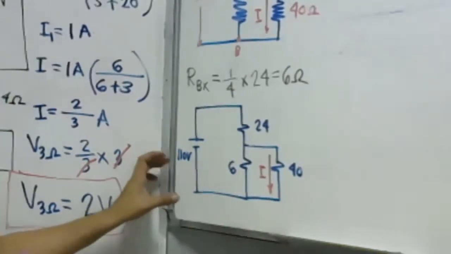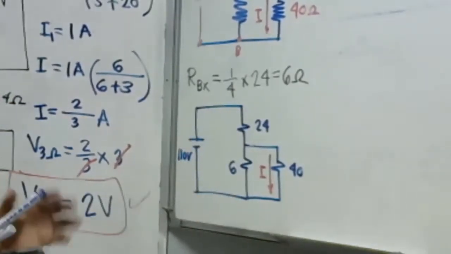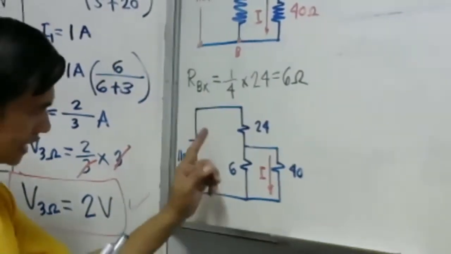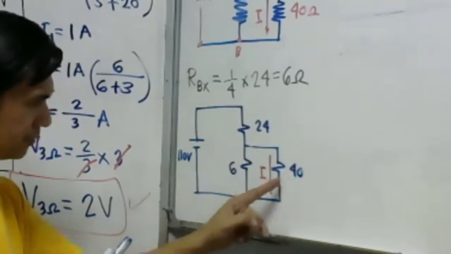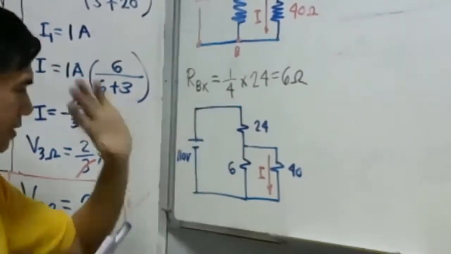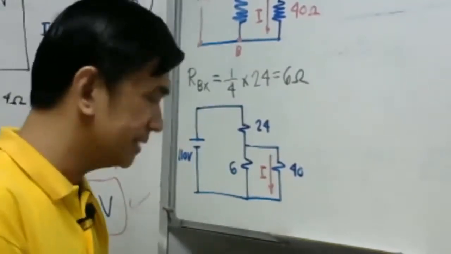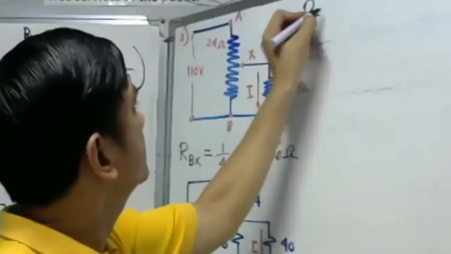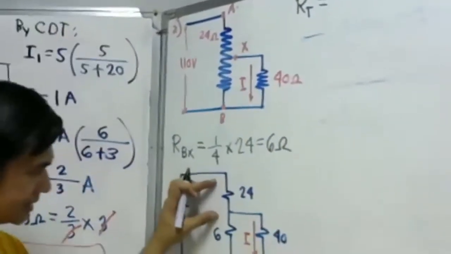First, we have to get our total resistance. Our total resistance is very easy. That is just the combination of these two in parallel, in series with this. This is a series parallel circuit.